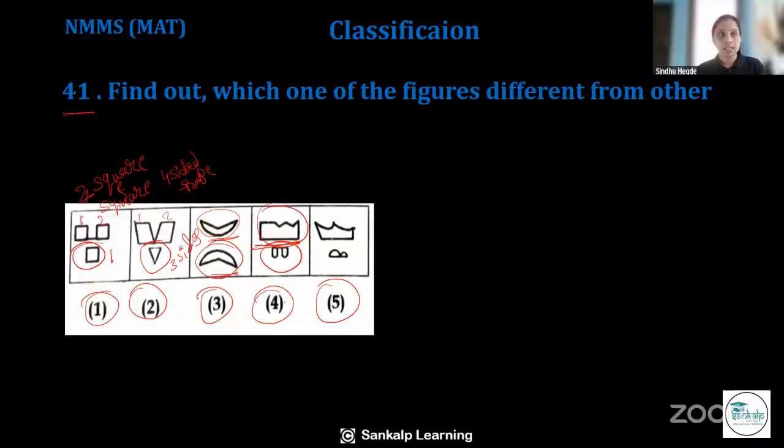And the last also has two crest outlines, and here also two crest outlines, but reversed and similar. These figures 1, 3, 4 and 5 all follow the same geometrical shape pattern.